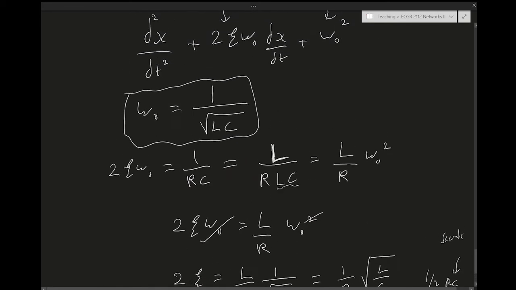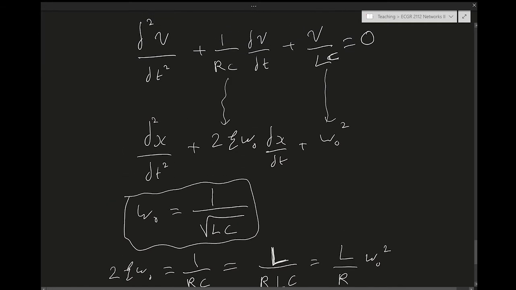If we examine our differential equation, omega naught has units of radians per second. Radians is dimensionless. It's just an angle. A radian is the length of an arc of a circle over the radius, so it's a length over a length. So radians is unitless, dimensionless.